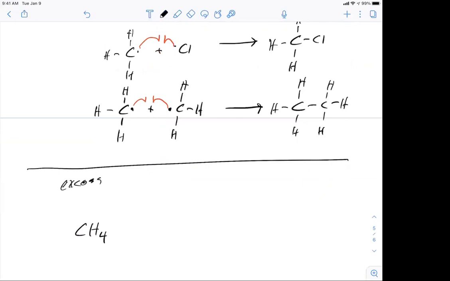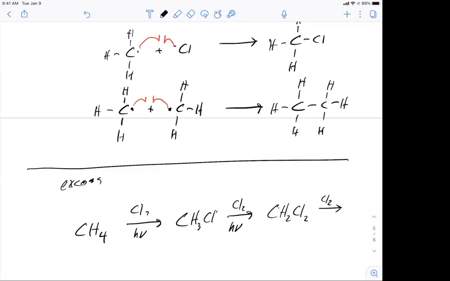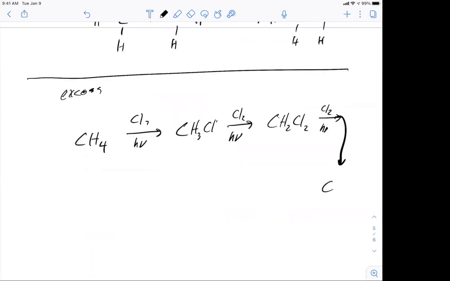Now, if we add excess, what can happen in excess is that we can end up with the full chlorination.